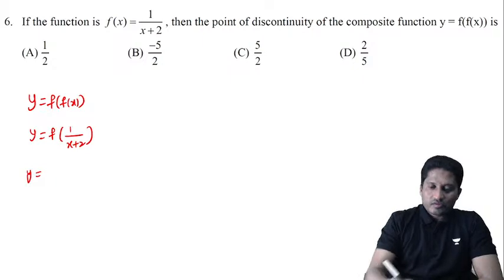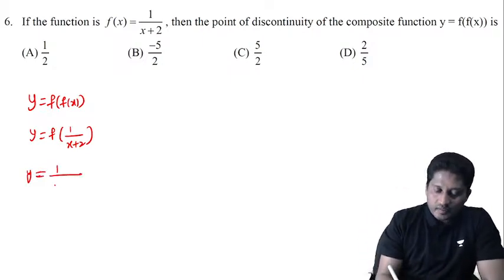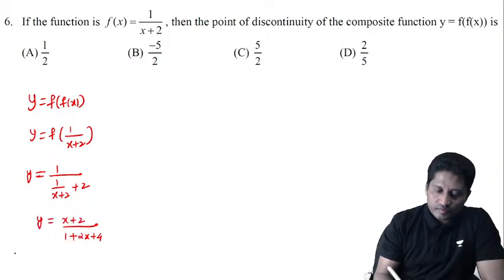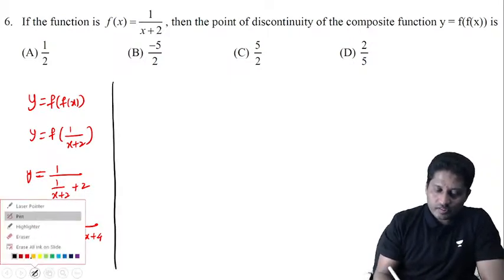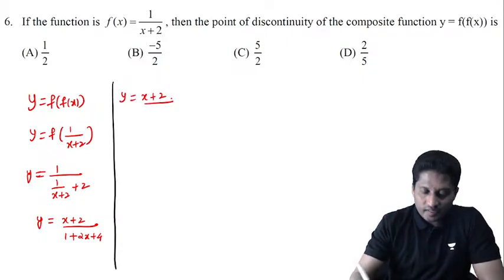Okay, y is equal to 1 divided by (1 by x plus 2) plus 2. If I cross multiply and shift to numerator, it is x plus 2 divided by 1 plus 2x plus 4. So y is equal to x plus 2 divided by 2x plus 5.